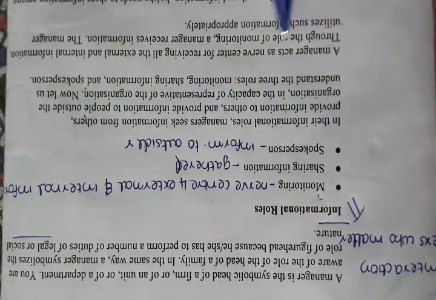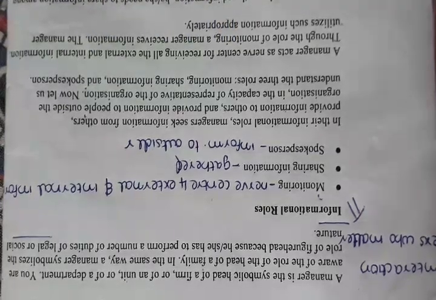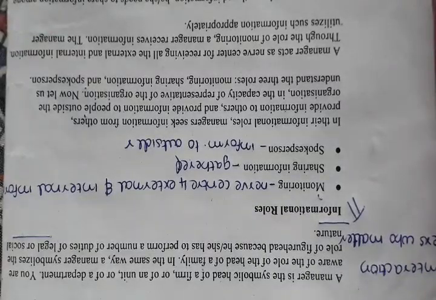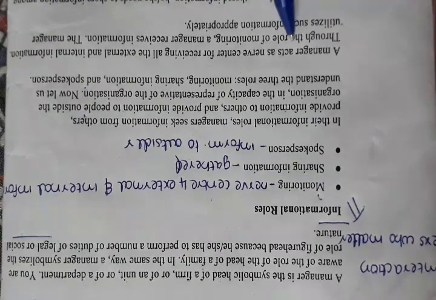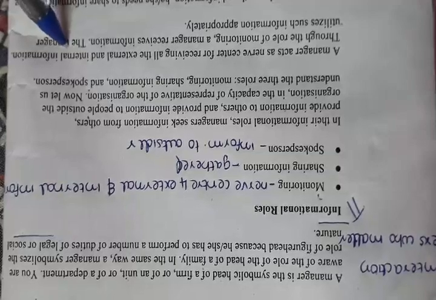Let's see. A manager can act as a nerve center for receiving all information. You all know the meaning of nerve: passing of messages from one nerve cell to the other. Similarly, a manager acts as a nerve center for receiving all the external and internal information.